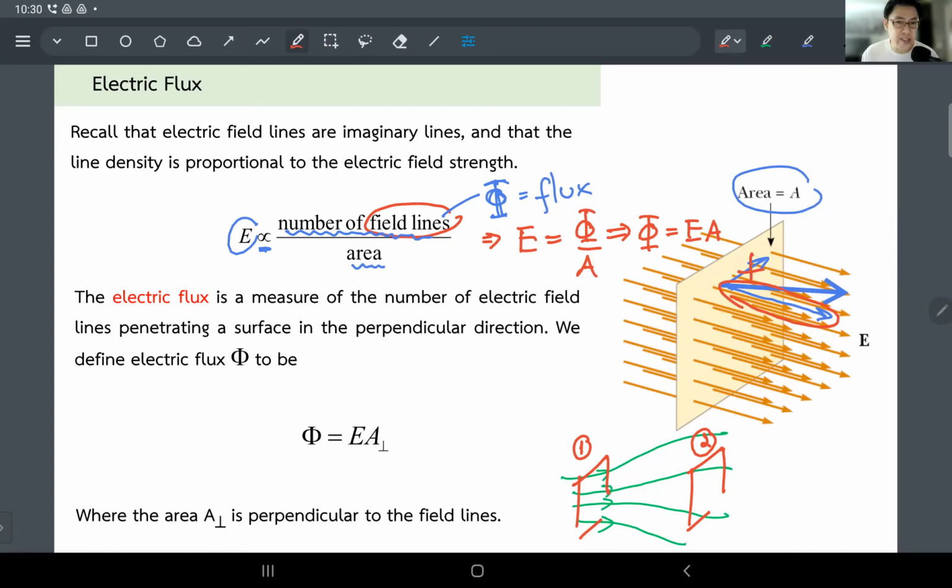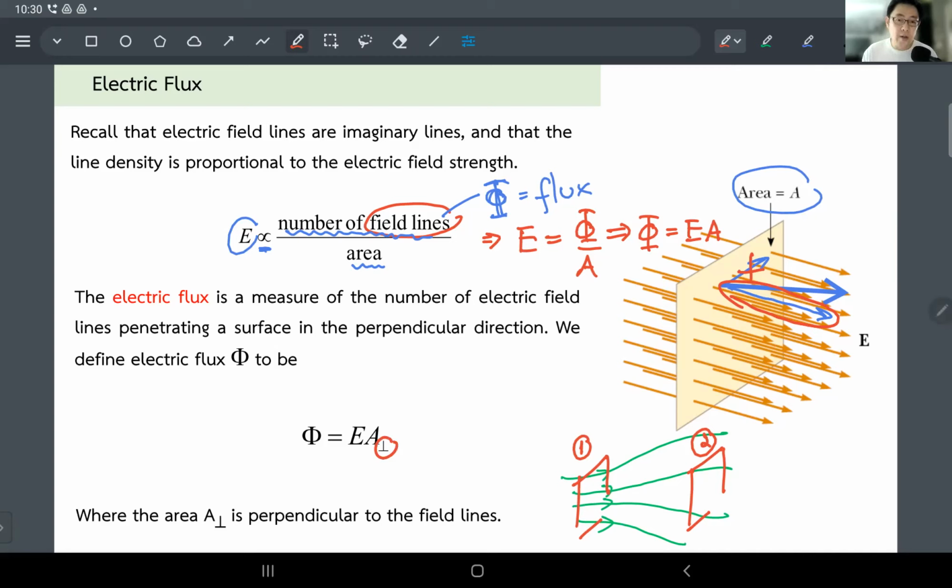So that gives you a sense of what we are about to do here. When you have a flux going through a surface area, the only lines you're going to count are the lines piercing through perpendicularly. That's why I have a perp sign over here. It's perpendicular.